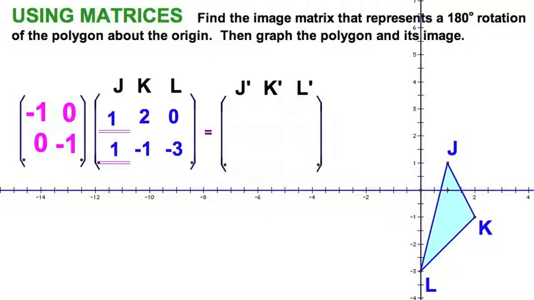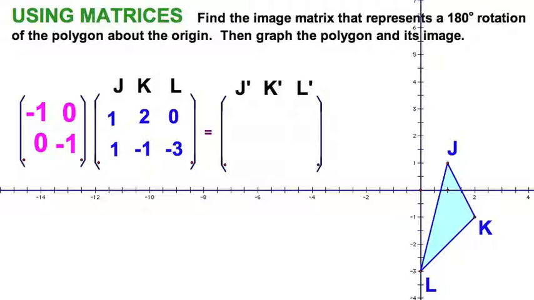We've got 1, 1, coordinates of J. And over here, we've got 2, negative 1, and that would be the coordinates of K. And 0, 3, coordinates of L. So that's the pre-image matrix. And this is the transformation matrix, which is going to rotate it 180 degrees about the origin.